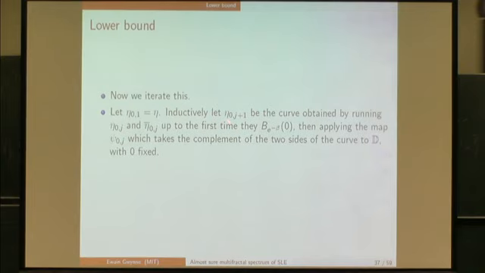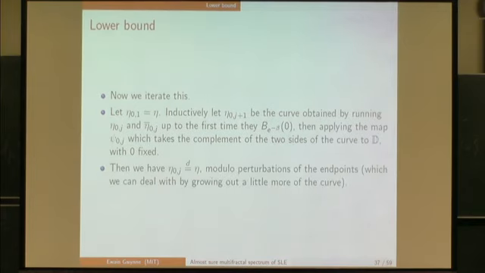Then inductively, if we've defined eta 0,j for some j, we define eta 0,j+1 to be the curve obtained by running eta 0,j and its time reversal up until the first time they hit the ball of radius e to the negative beta, and then mapping out the two sides of the curve, and then looking at the image of the middle part, which is going to have approximately the same law as eta, but the endpoints of the curve might be a little bit different.